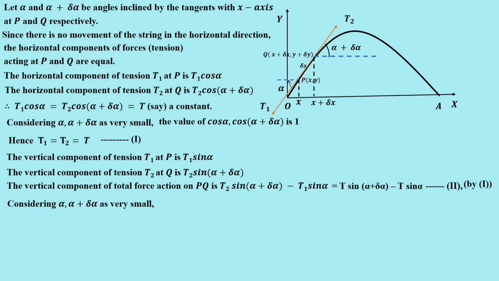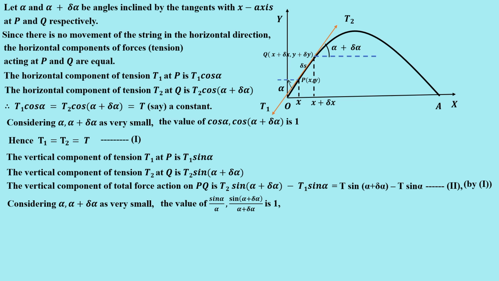Considering alpha and del alpha, alpha plus del alpha is very small, so sin(alpha plus del alpha) by (alpha plus del alpha) is 1. We know as theta tends to 0, sin theta by theta is 1, so we are using that idea. Alpha tends to 0, very small, and alpha plus del alpha tends to 0.